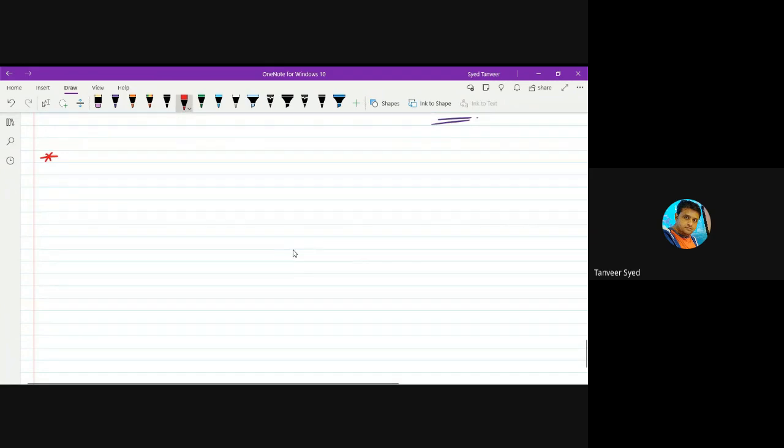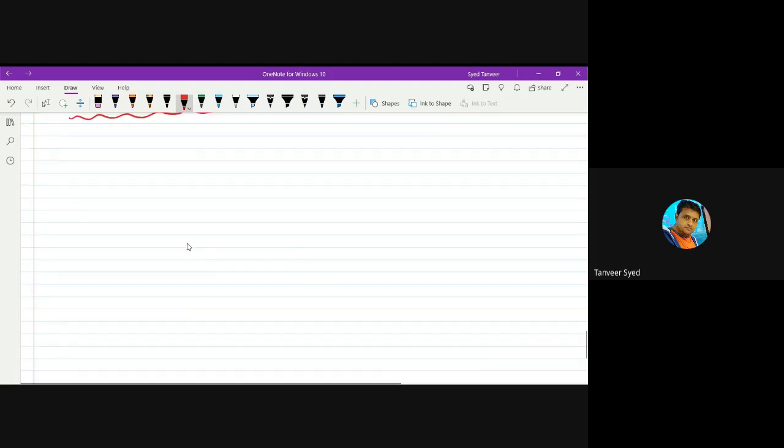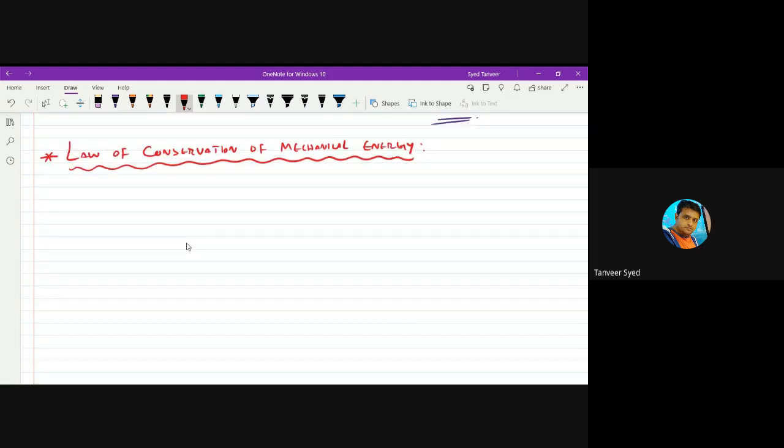Next thing, law of conservation of energy. Another very important concept. Law of conservation of mechanical energy. What does this law say? Simple.